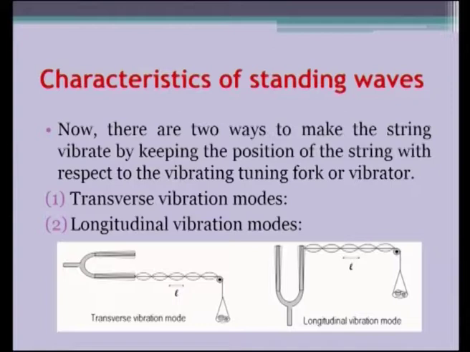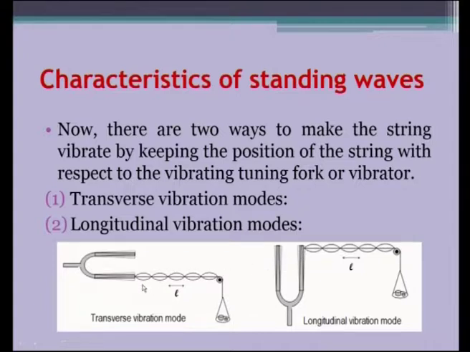How is it done? Let us see the concepts further. There are two ways to make the string vibrate, by keeping the position of the string with respect to the vibrating tuning fork or vibrator, which are called transverse vibration mode and longitudinal vibration mode.